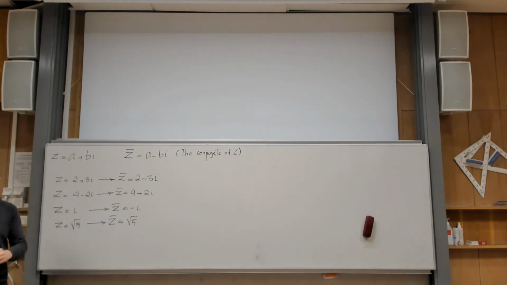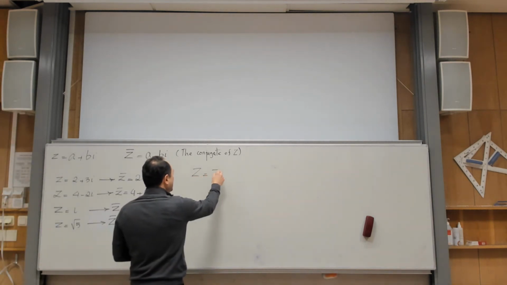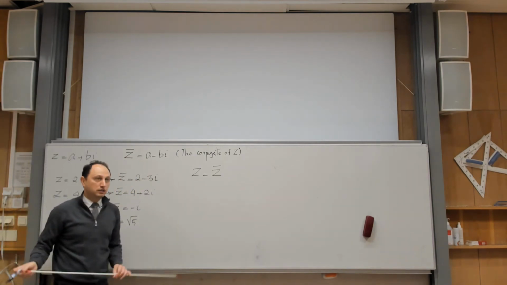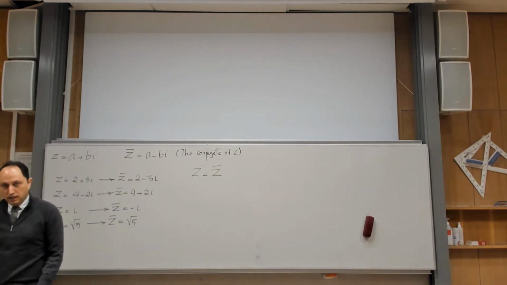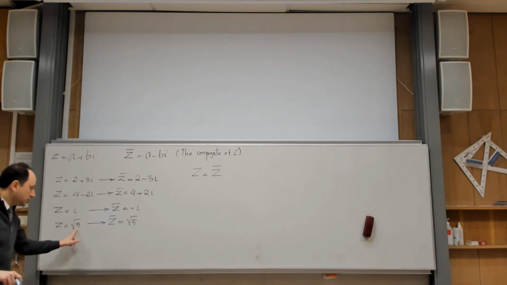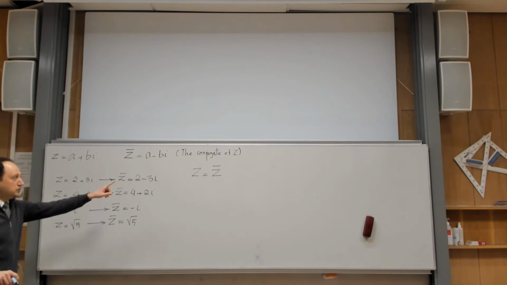But what about the other way around? If I give you two complex numbers and I tell you that these are the same, can I conclude z is real? Meaning, is it possible to conclude that the imaginary part is 0? If the imaginary part is 0, z and z bar are the same. But now the question is the other way around.